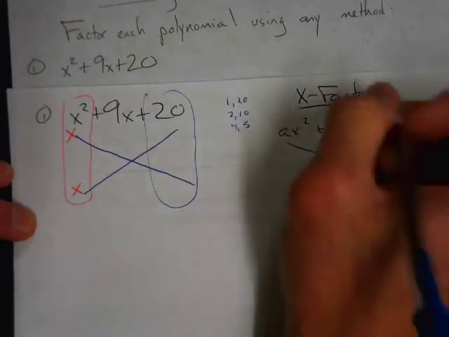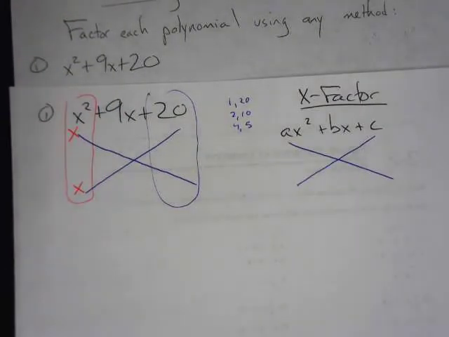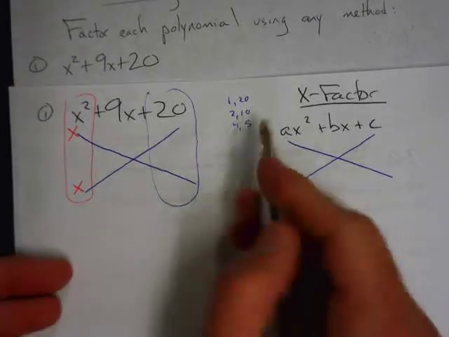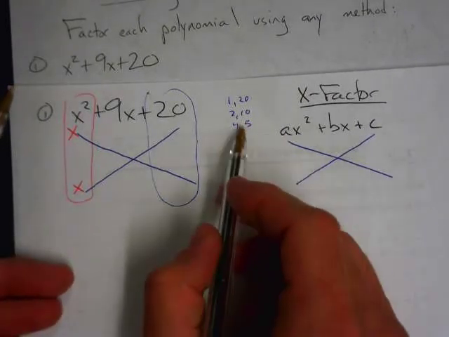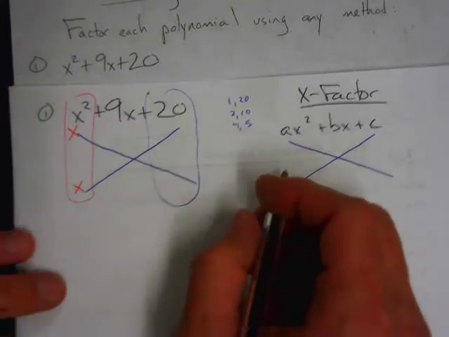The easiest pair to start with is the pair that is closest together, which is 4 and 5.